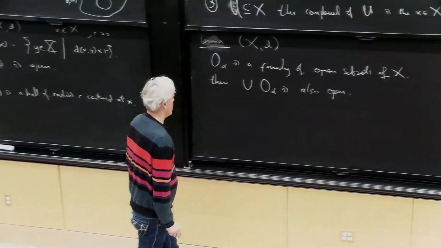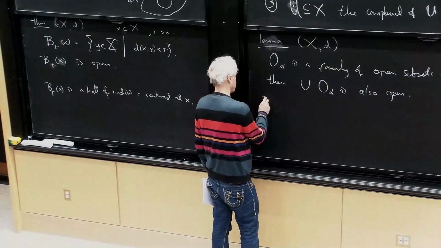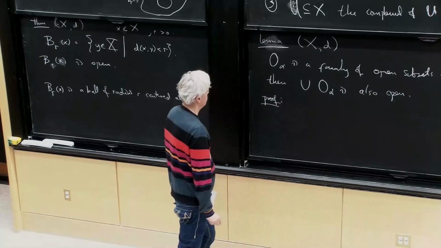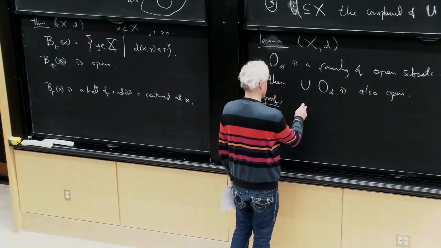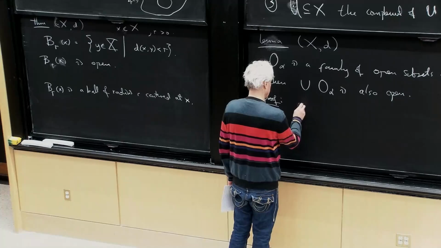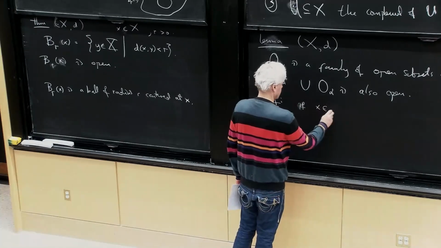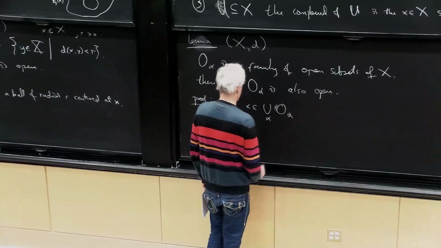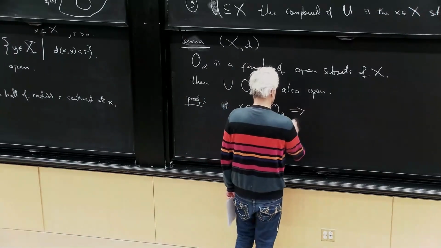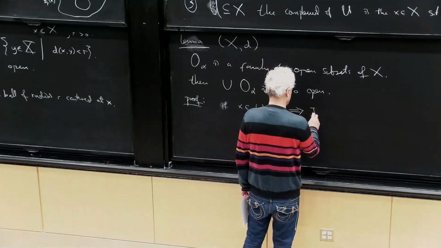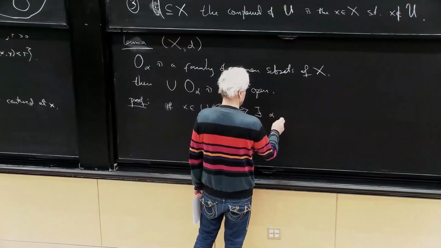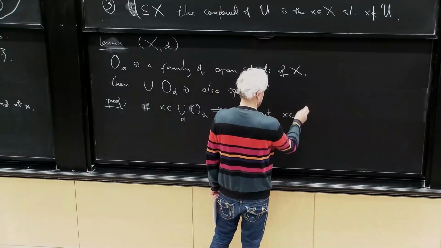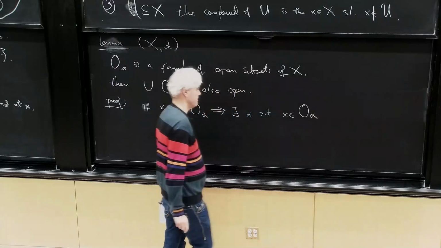Okay. Now, why is this the case? Well, if x is in the union of the O_alpha, then there exists alpha such that x is in O_alpha.